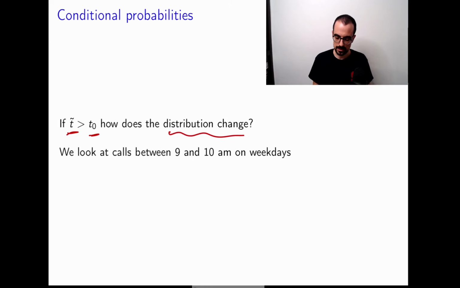So we're going to look at calls between 9 and 10 a.m. The only reason why I've changed the time of the calls is so that we would have a higher volume of calls, because when you're conditioning, we already saw this when we were talking about Monte Carlo estimation, it's very easy to end up without data. You'll see what I mean in a moment.